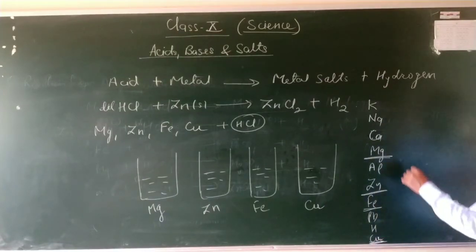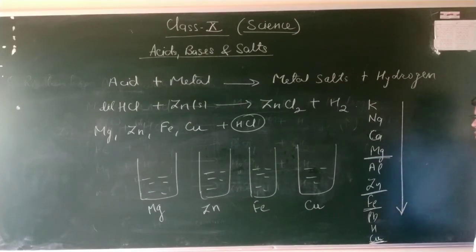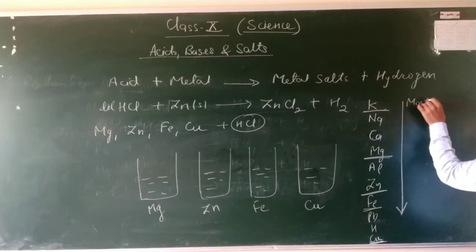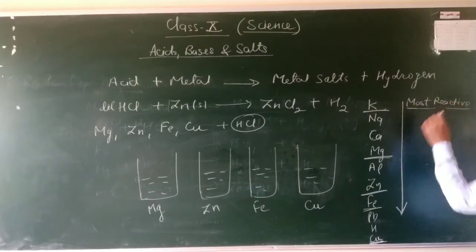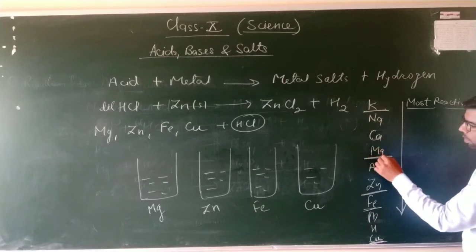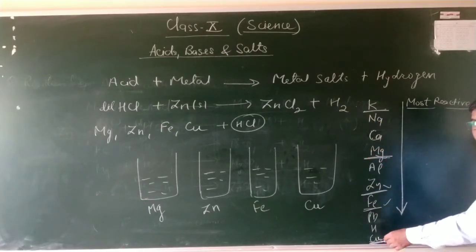Our reactivity series says the reactivity of metals decreases from top to bottom. Potassium is the most reactive metal, and at the bottom, gold and silver are the least reactive. Among these, the most reactive is magnesium, then zinc, then iron, and at last copper.